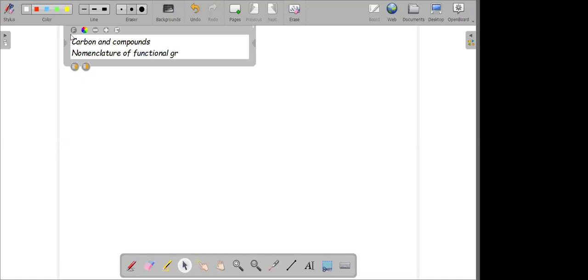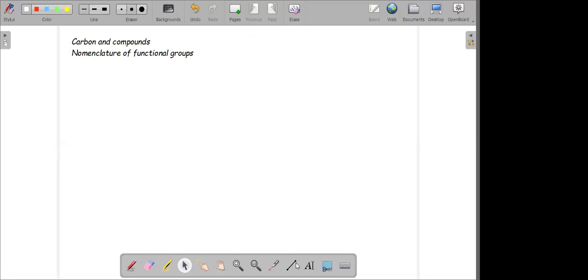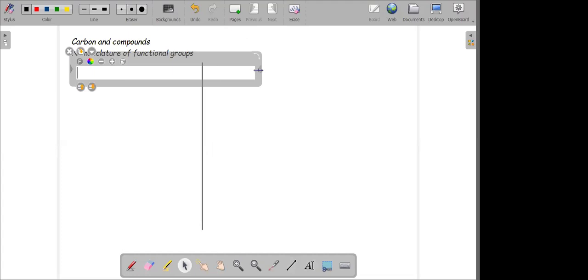Okay. So let's quickly see what were the different functional groups. Here we write the name of the functional group, and on the other side we'll be writing their formula.